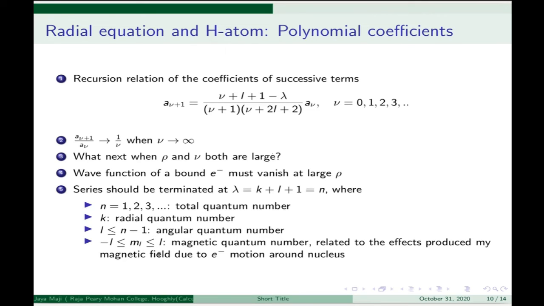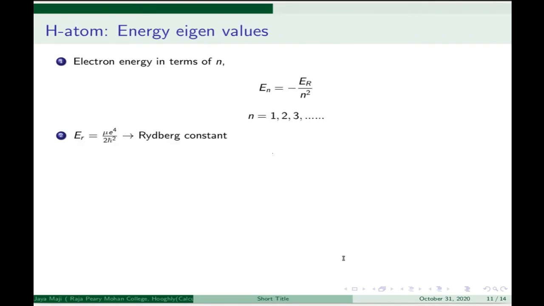So this magnetic quantum number is related to the effects produced by the magnetic field due to electron motion around the nucleus. Now let us recall the constant terms, which are alpha and lambda, where lambda is related to the principal quantum number n.